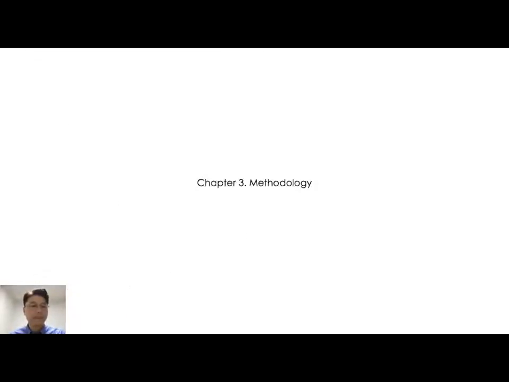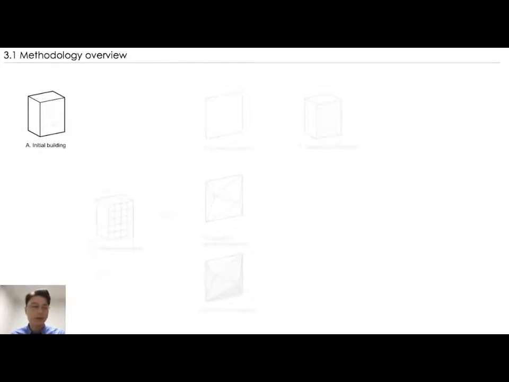So the methodology. How can I make this 3D shaped facade, which can be very good both inside and also good for harvesting energy? So this is the rough diagram.